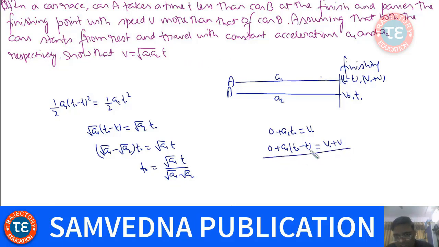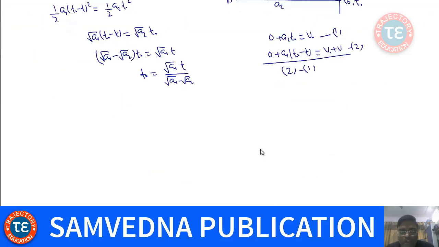Alright. And now what I can do is, this is 1, this is 2, you subtract 1 from 2, this will be giving you what? a1 into t naught minus t minus a2 t naught equals to v. Alright, and you have all the values now.